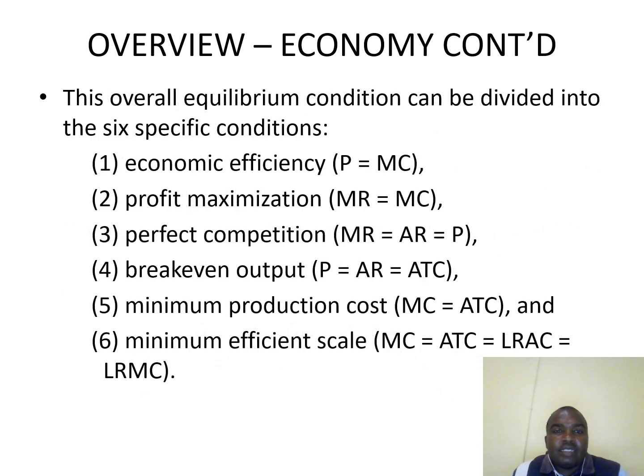So these equalities give us 6 specific conditions for the long run equilibrium. Number 1, we have economic efficiency, which is represented by price being equal to marginal cost. We have profit maximization at 0 economic profits, because marginal revenue is equal to marginal cost, implying that marginal revenue minus marginal cost, which is our marginal profit, is equal to 0.